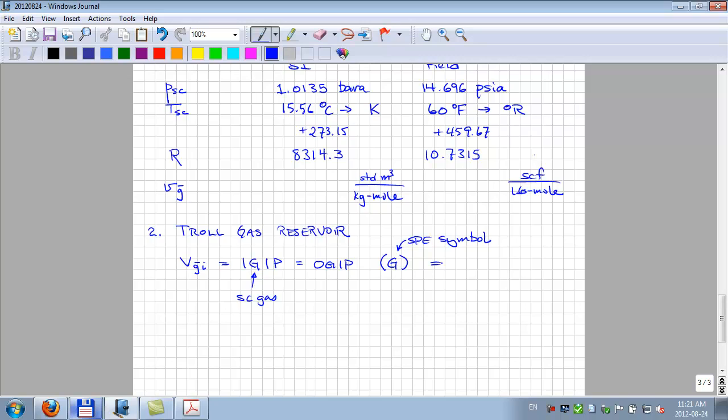And this number is about 45, what we call TCF, which is the same as 45 times 10 to the 12th standard cubic feet. And I want you to do a 4-step procedure. You're going to first calculate the number of moles in the reservoir in pound moles.